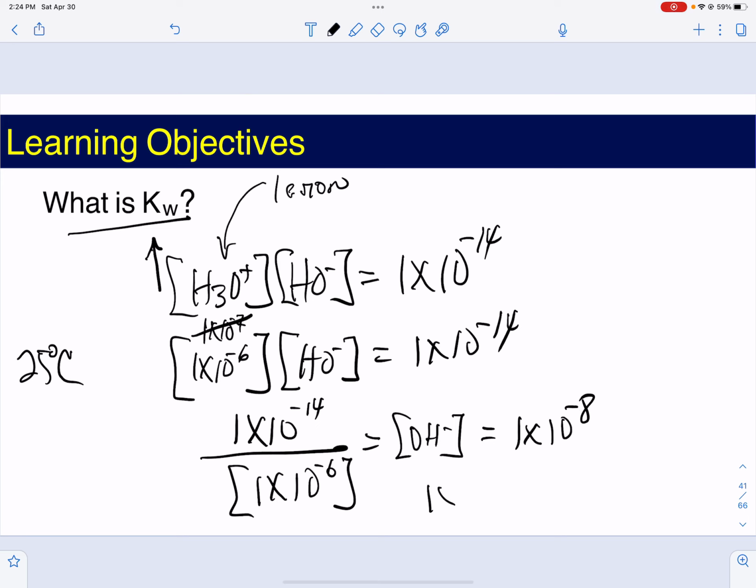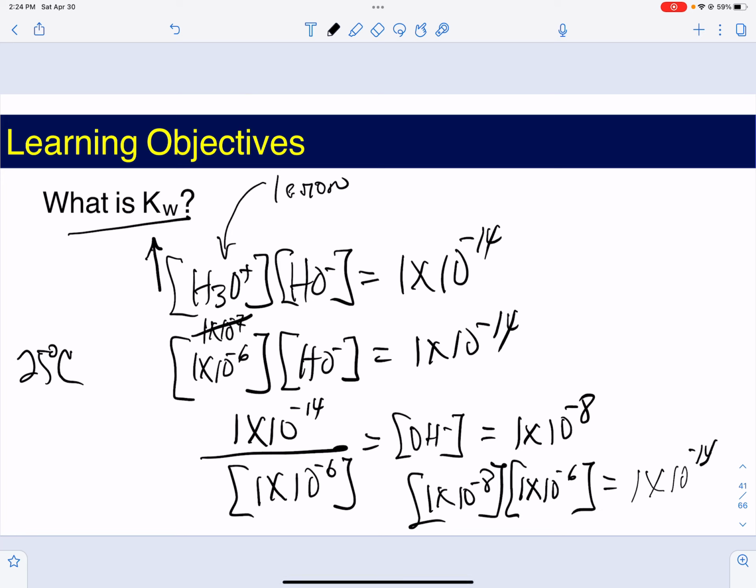Because when I do 1 × 10⁻⁸, which is the hydroxide, multiplied by the acid with the lemon added, which we agreed was going to be 10⁻⁶, all that together gives me 1 × 10⁻¹⁴, which is what it always had to give me at 25 degrees Celsius. So this is a powerful formula.